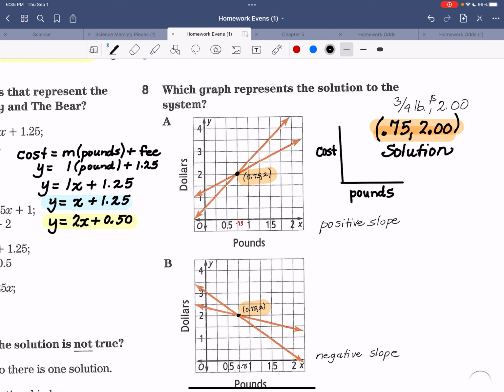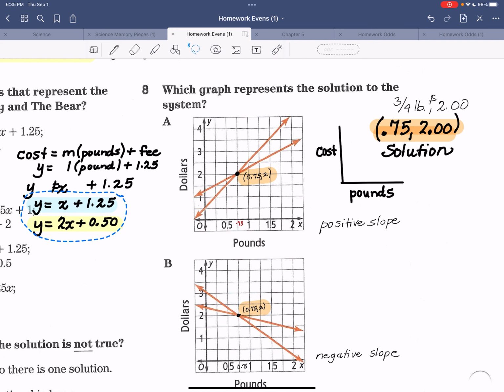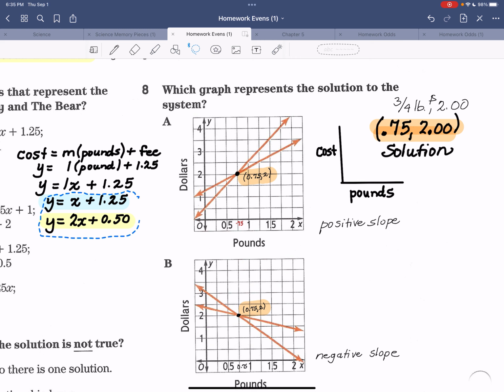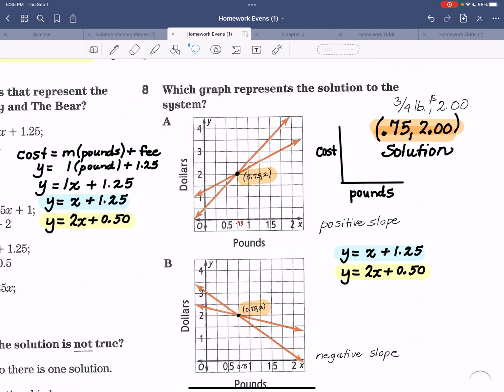So which scenario is the case? Well, you can use just common reasoning, or you can look at the equations that you wrote. Goodness, I don't want to do that because that took away everything. Your slopes are, m is positive 1 and then positive 2.